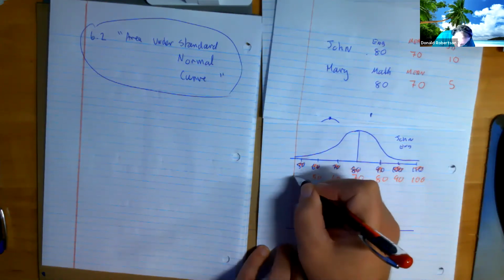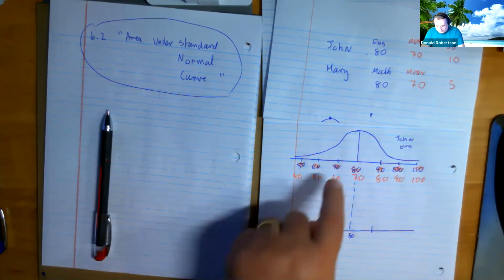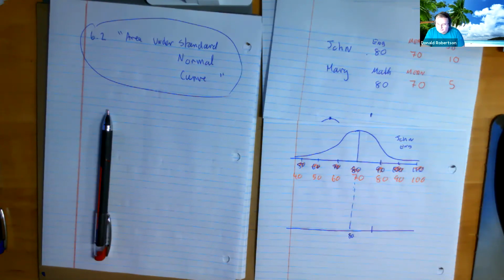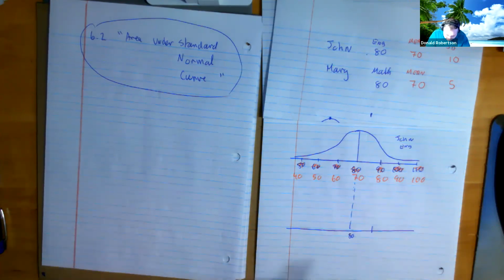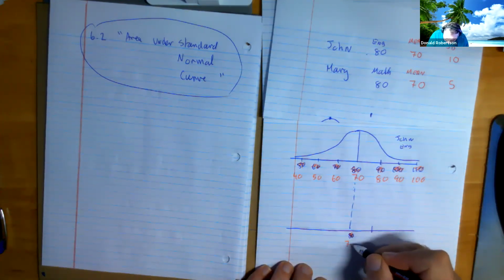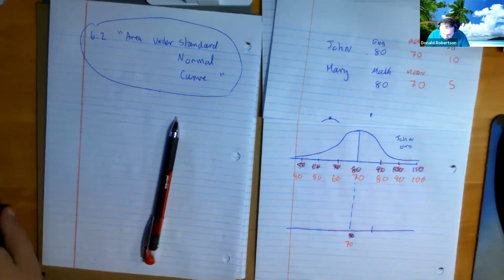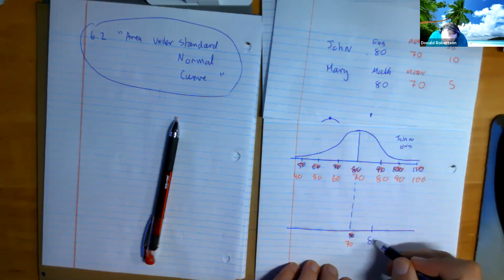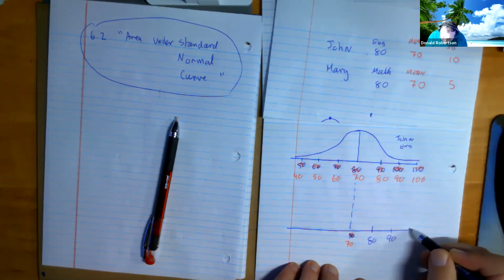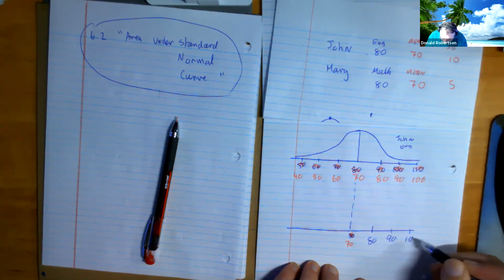Okay, with that little hiccup, are we okay now with that being what the distribution of scores in John's English class would look like? Okay, so I can now at least start with 70, right? I'll put 80 here, I'll put 90 here, I'll put 100, 110 here.